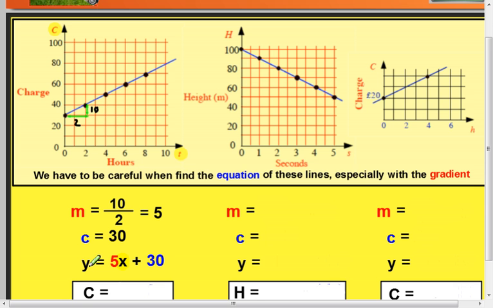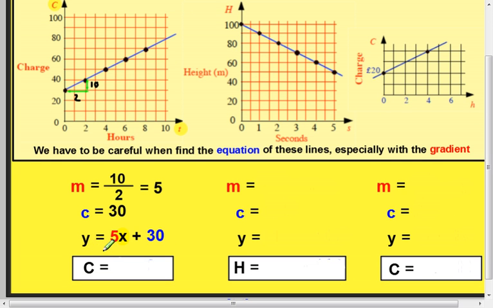So instead of having a y here, we want to replace it with a c, and that's what you'll see down the bottom. And instead of having an x here, we want to replace it with a t. Everything else stays the same. So instead of having y equals 5x plus 30, you must write it for the final mark, c equals 5t plus 30, just replacing the t as x and the c as y.